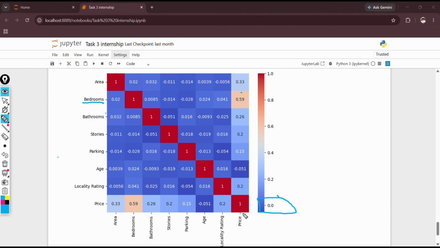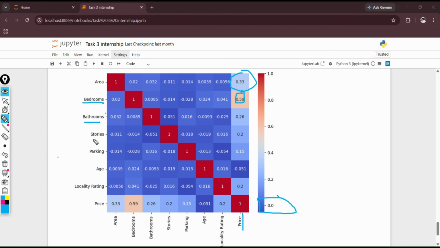Looking at our heat map, we can say that bedrooms have the highest positive correlation with price, around 0.59. This means houses with more bedrooms generally tend to be more expensive. Area also has a positive correlation of about 0.33, showing that larger houses usually cost more.